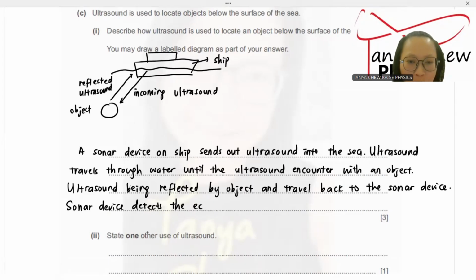What do I mean by echo? The reflection of the ultrasound to and fro, right? Echo, and calculates the time.